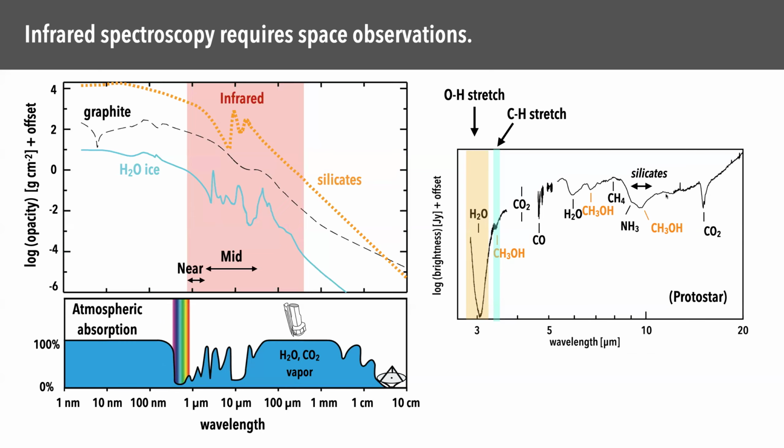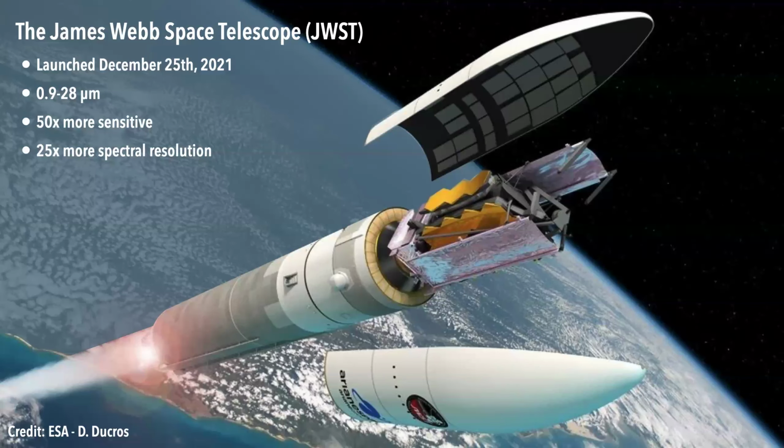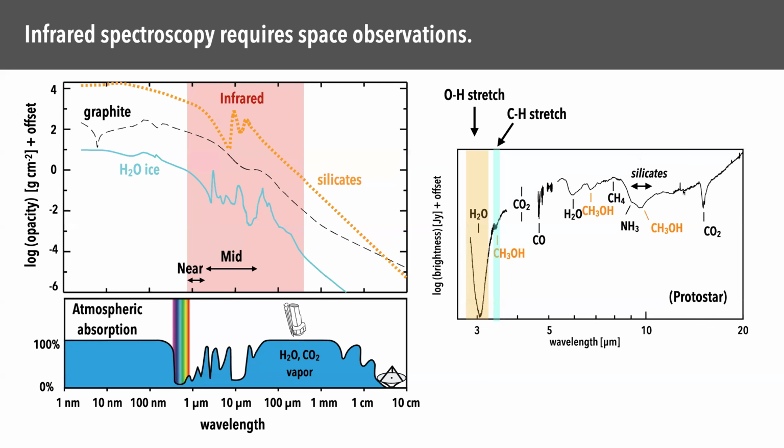So the good news is we just got the James Webb Space Telescope launched in 2021. It can observe from 0.9 to 28 microns, which covers all of the essential wavelengths for these ices that we're interested in. It's 50 times more sensitive than the previous space mission, which is the one that produced this mid-infrared spectrum here.